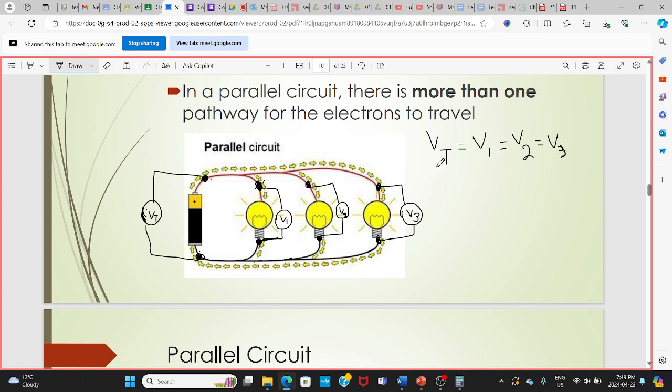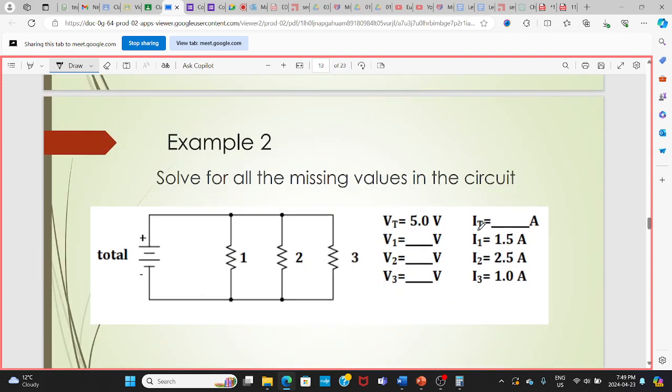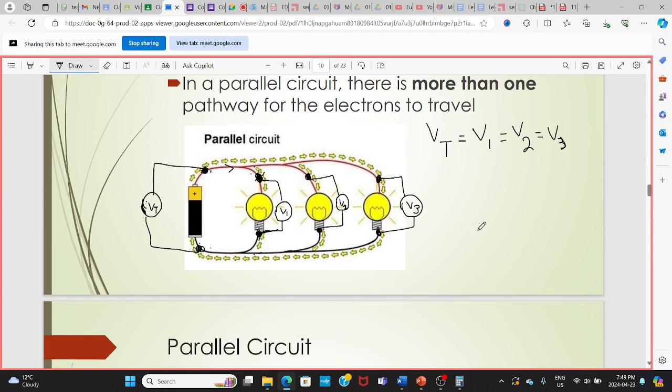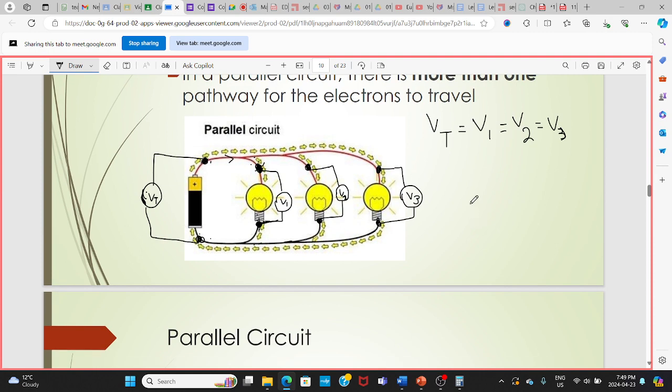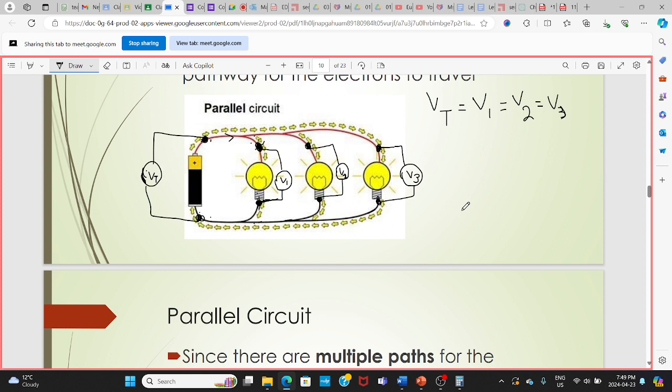Now, very important. How about the current? See, like water comes. Maybe I'll put that in a nicer picture. I'm gonna talk about current.